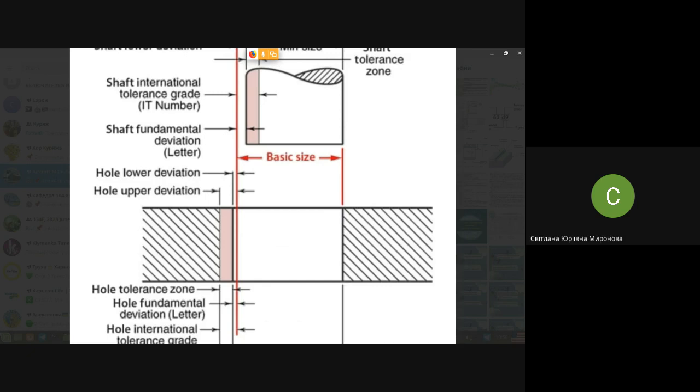Accuracy of assembling is a result of accuracy of parts. So using the tighter tolerance fields, the more accurate tolerances, quite clear you will have more accurate assembling, more accurate assembly units.